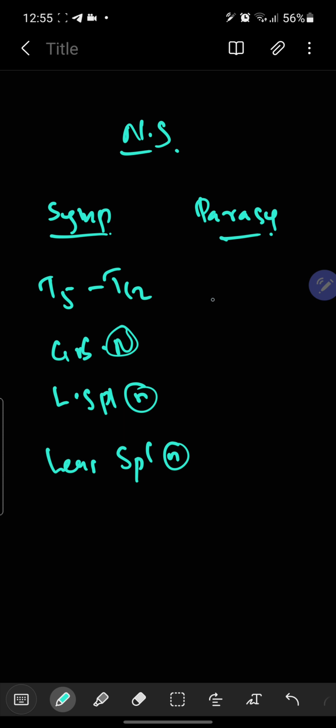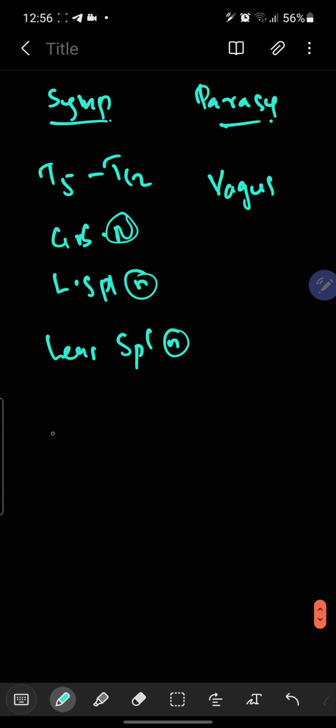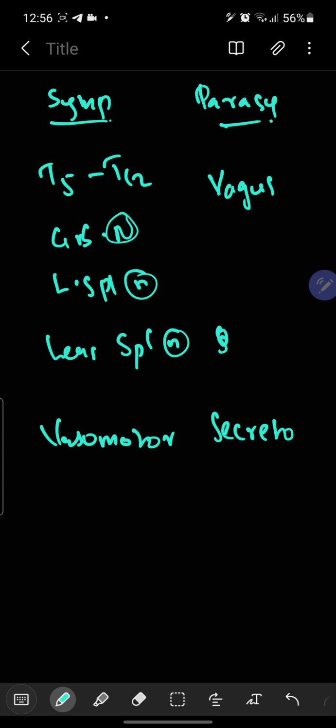The parasympathetic nerve supply is given through the vagal stimulation. In the sympathetic part, it is vasomotor, whereas in parasympathetic part, it is mostly involved in secretion. Hence, it is secretomotor.